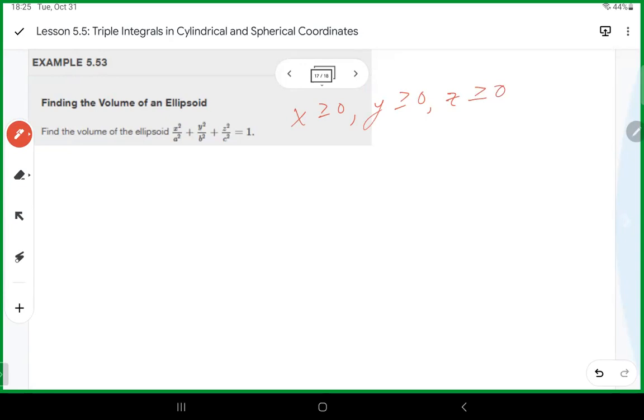In this case, the ranges of the variables are, okay. Also, we need to change the rectangular to spherical coordinates in the following way.